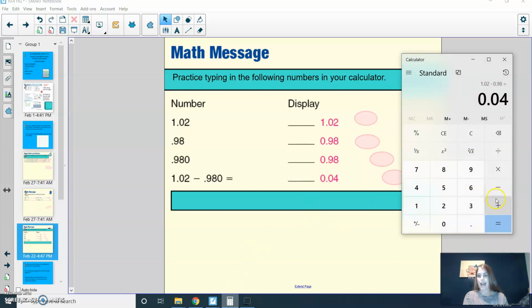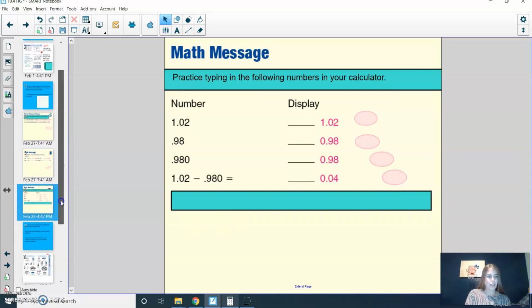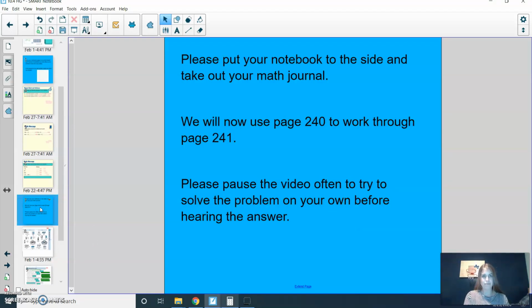In today's lesson, we'll be using the calculator quite a bit. We'll be using the add, the minus. We're also going to use the multiplication symbol a little bit. So I'm going to hit clear. Go on to my next page. So you can put your notebook to the side. We're going to be looking at our math journal. We're going to use page 240 to work through 241.